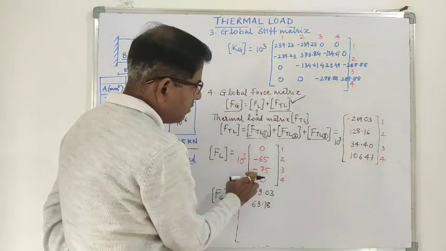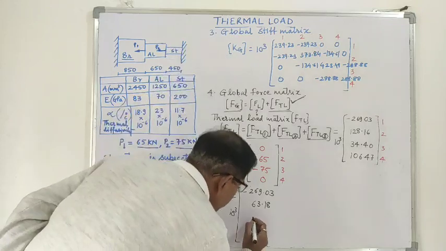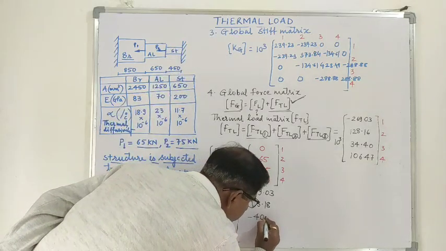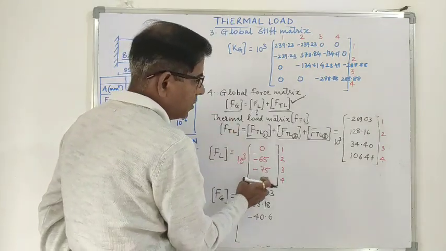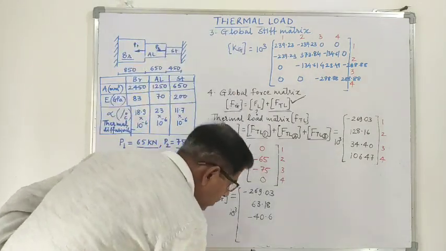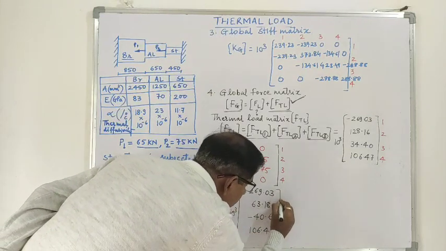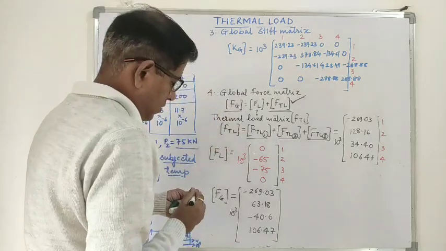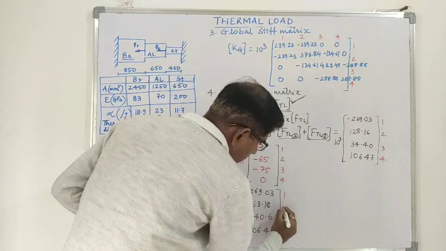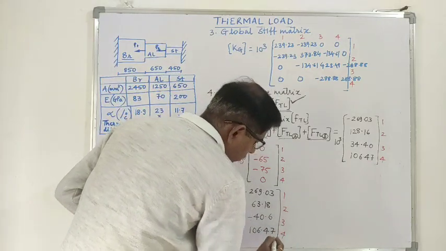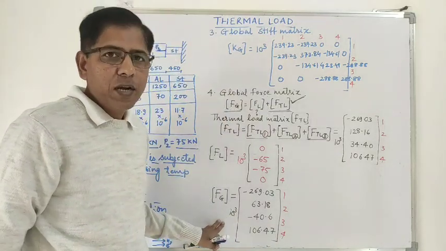At node number 3, minus 75 plus 34.40, it will be minus 40.6, and last 0 plus 106, so the answer is 106.47. Now this is our global force matrix.